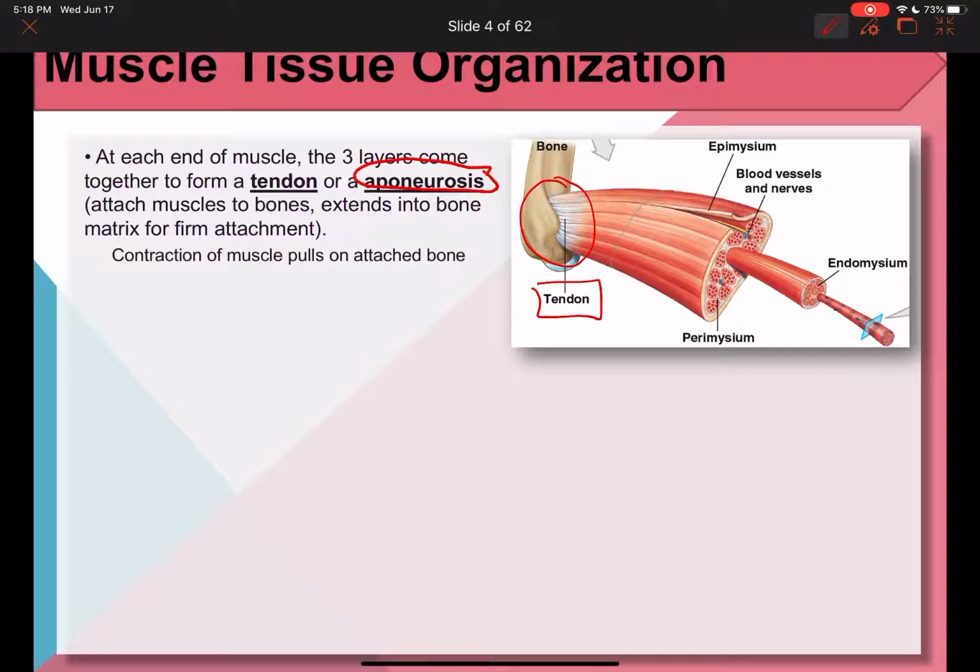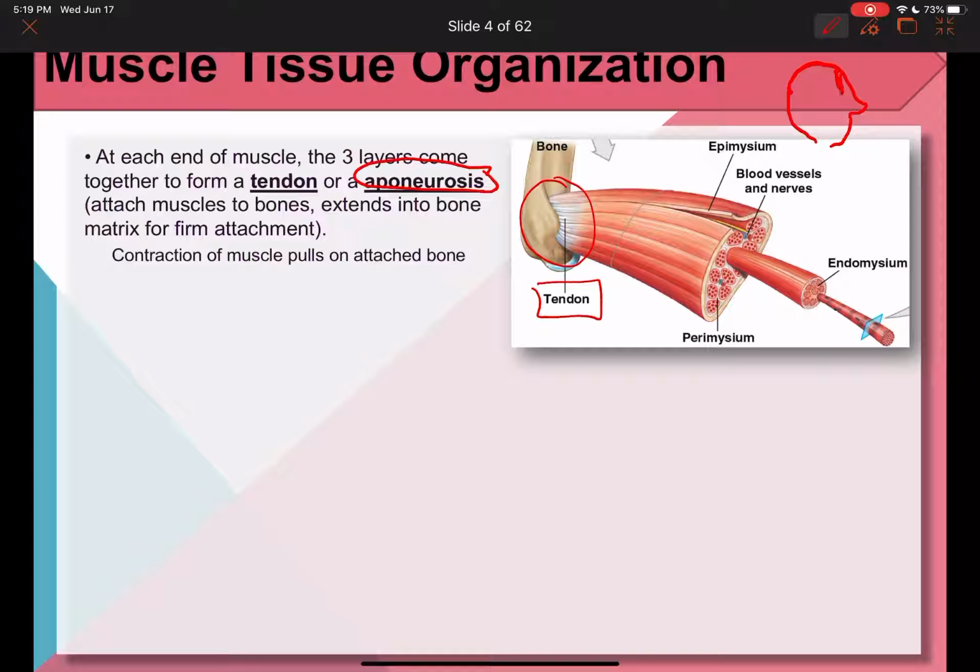But if you look at the head, for example, the head has a big piece of aponeurosis, or tendon-like thing, that connects the frontal belly of your epicranius to the back occipital part.